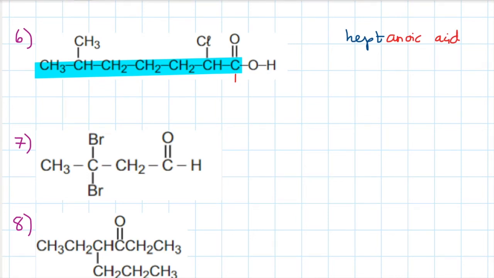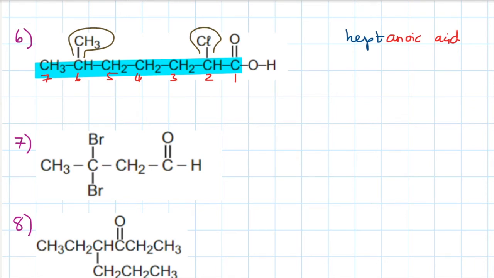Now we see on this longest continuous chain, we also have substituents, such as a methyl group, which is a branch or alkyl group. And over here, we have what is called a halogen atom, specifically chlorine. When we number the carbon atoms in the chain, we find that the chlorine atom falls onto carbon number 2, while the methyl group falls onto carbon number 6.